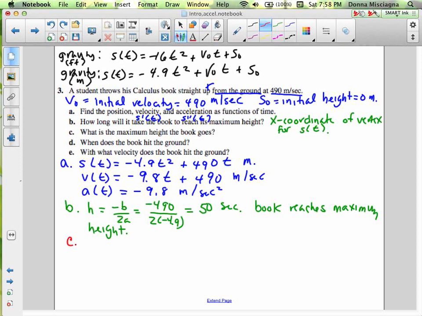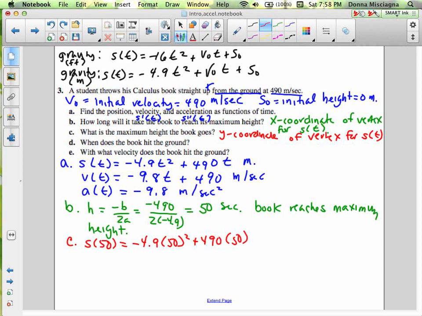That would just be the y-coordinate of the vertex for s of t. So I'm going to just plug in 50. s of 50 is negative 4.9 times 50 squared plus 490 times 50.